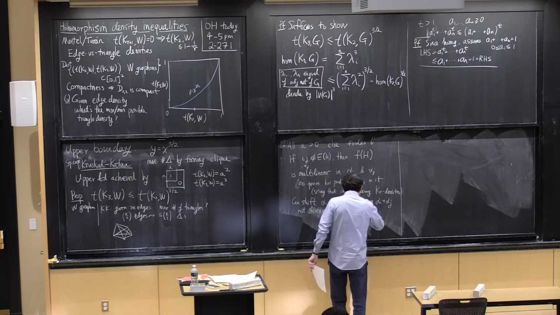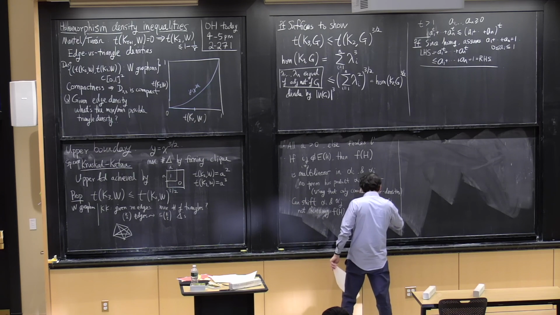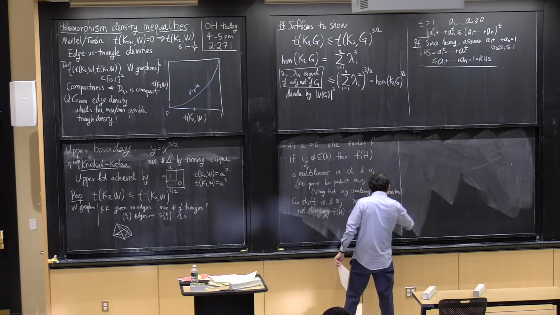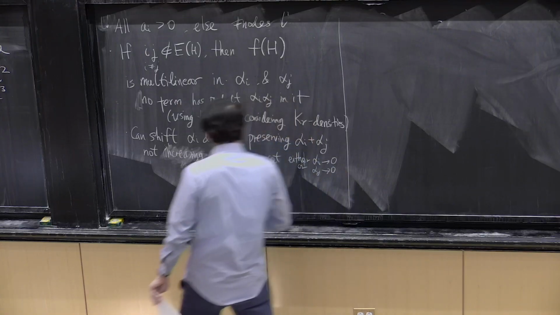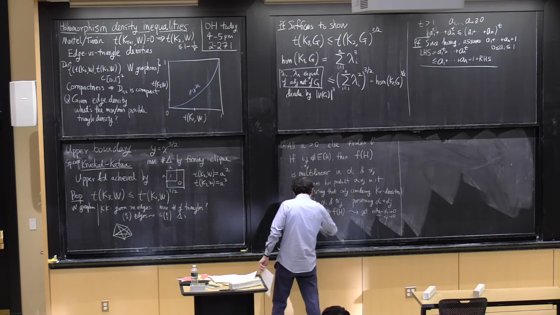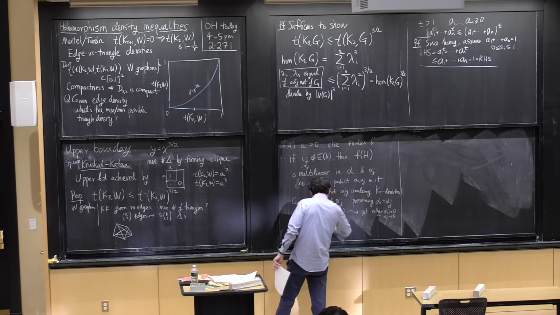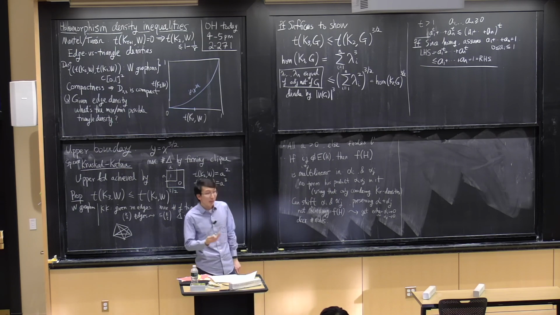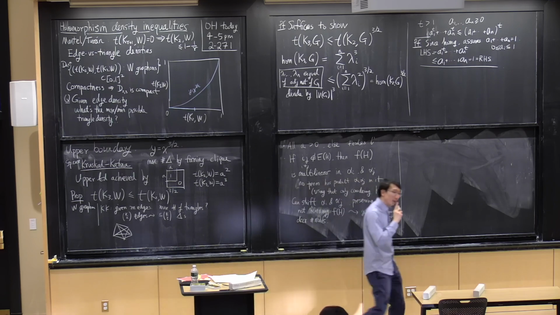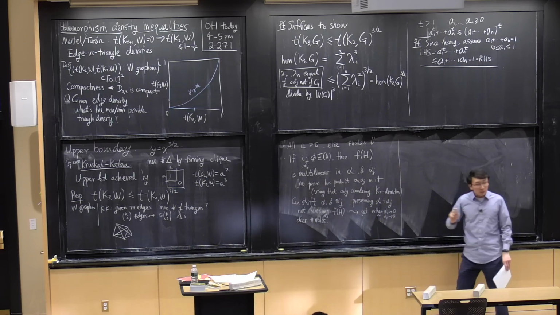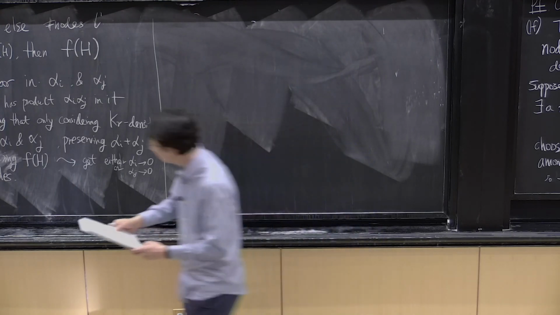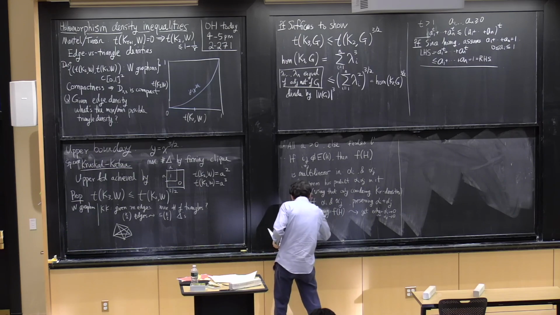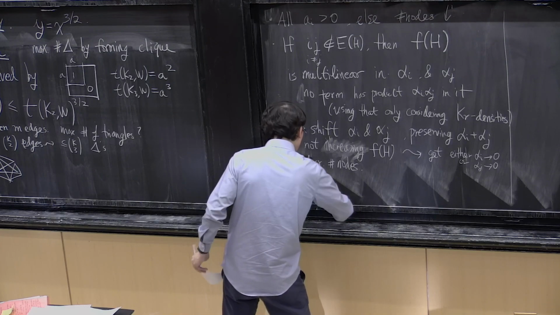And then we get either alpha i going to 0 or alpha j going to 0, in which case we decrease the number of nodes, thereby contradicting the minimality assumption. Okay. So this argument tells you that H must be a clique. Hence H is complete.